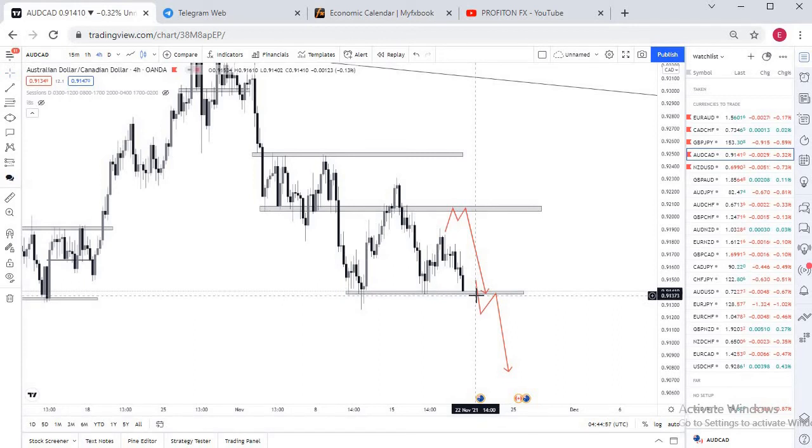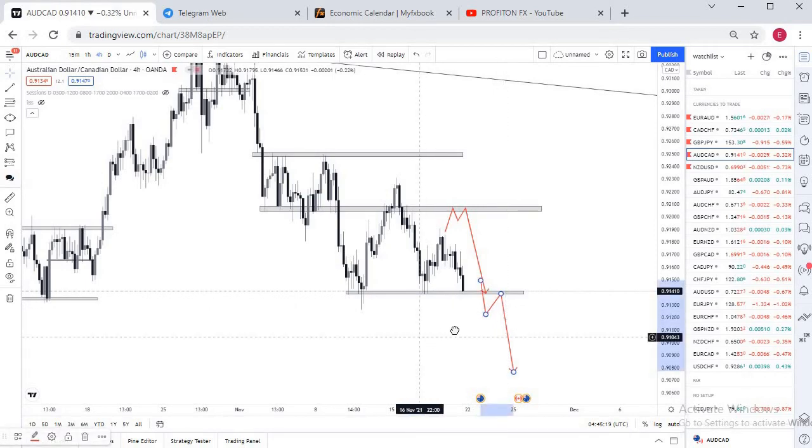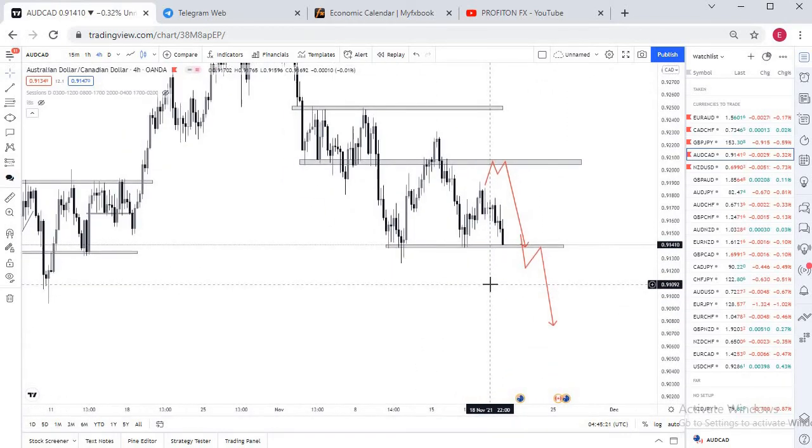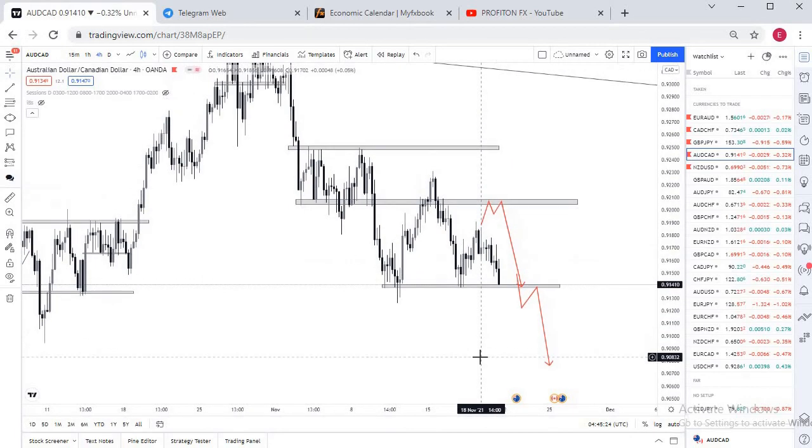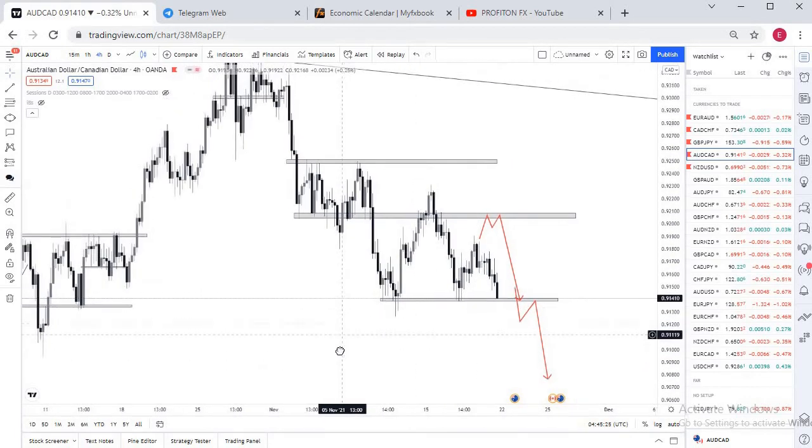I would like price to break, move a little bit, have a few candles open and close below this horizontal level here, then come back, retest, reject for some time, form a confirmation, and then I'll be looking to go short from that. So those are the 2 setups that I'm watching on AUD Canadian dollar.